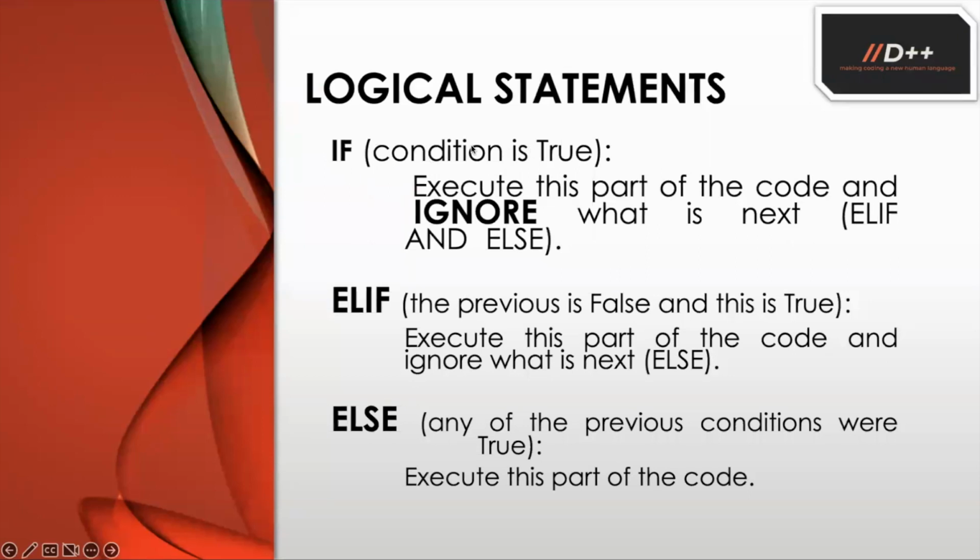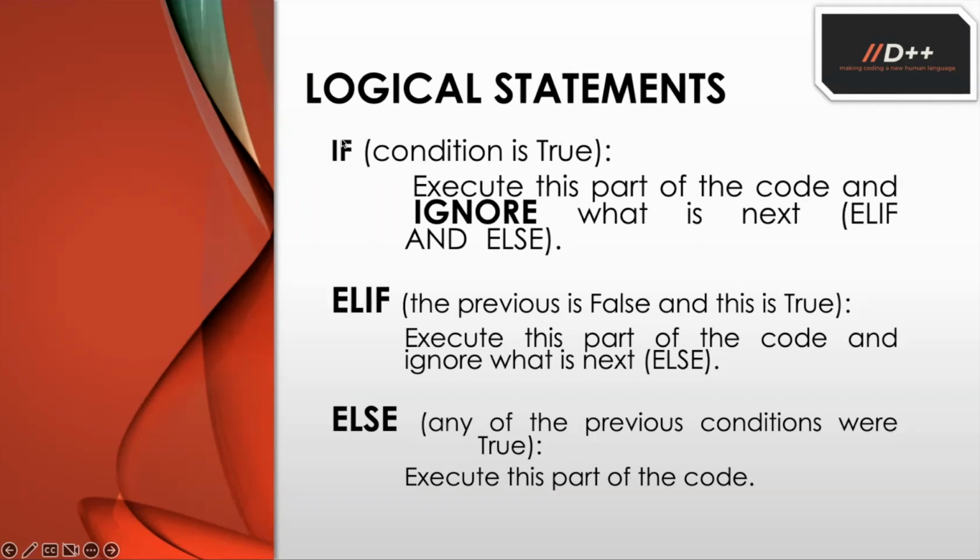If that condition is true, I'm going to ignore everything after this if statement and just execute what is nested here. In case this is not true, I'm just going to ignore this code.